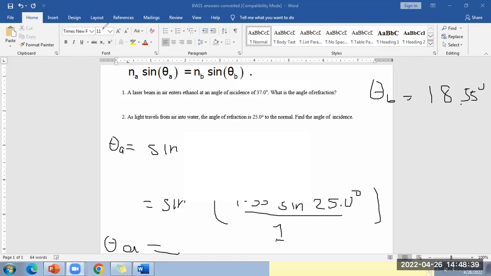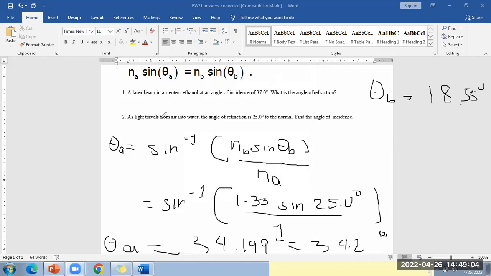Sa calculator, direct is 34.199 o equivalent din naman sa 34.2. Huwag kakalimutan si degree, ha? The final answer dapat laging may degree kasi ang hinahanap natin is angle. Medyo madali lang, di ba? Yung index of refraction.